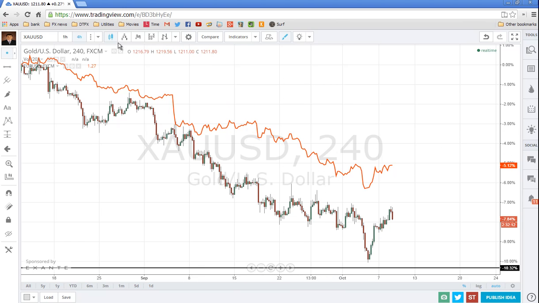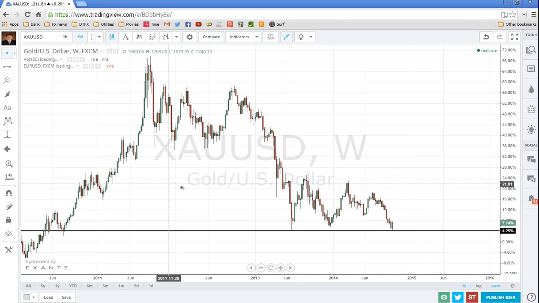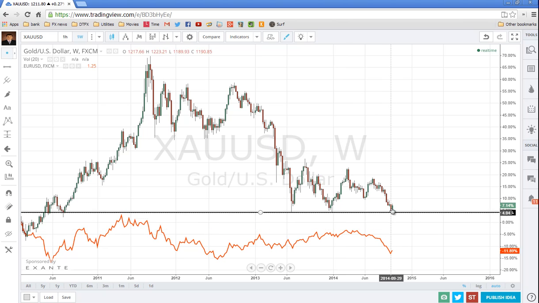For example, if we go back to that big time frame that we were looking at, that weekly chart, excuse me, if we see a break of this 1180 area, what is that going to tell us about the euro dollar? We know the euro dollar's got a pretty big bottom there at 12500. So is gold going to be able to drag the euro dollar down more?